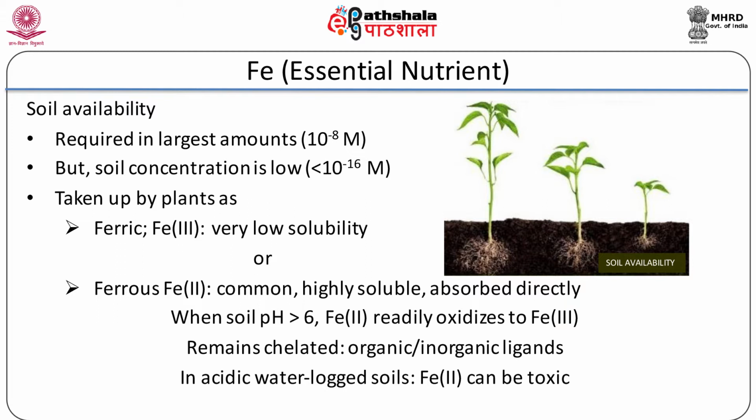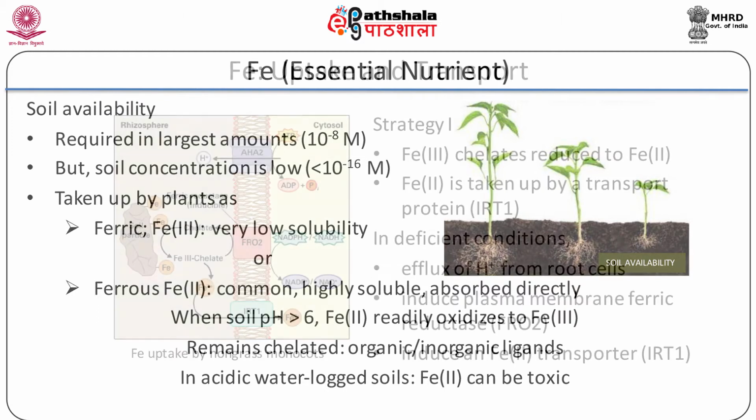Most soluble Fe in soil solution is chelated by organic and inorganic ligands. As the concentration of soluble iron chelates remains very low, plants use several mechanisms to acquire iron from the soil for growth requirements. In contrast, in acidic waterlogged soils, Fe2 can be toxic to plants.